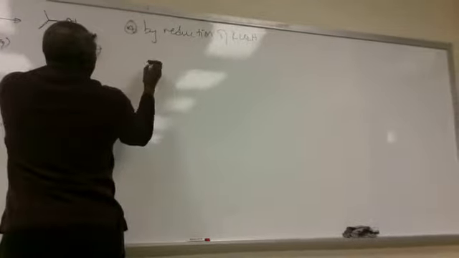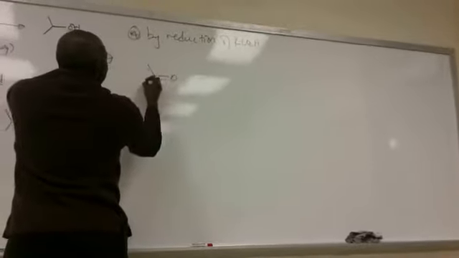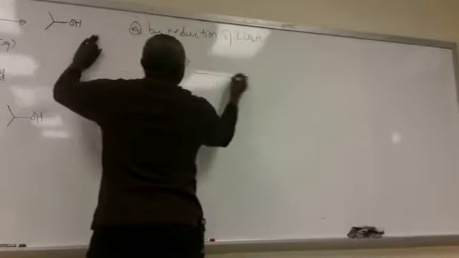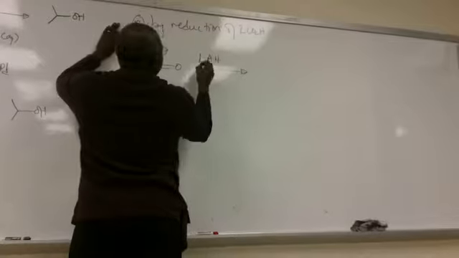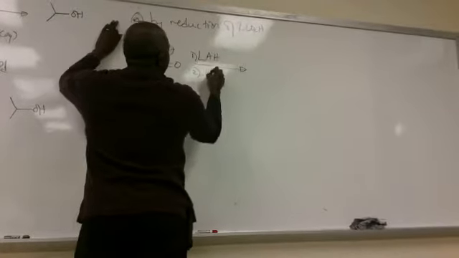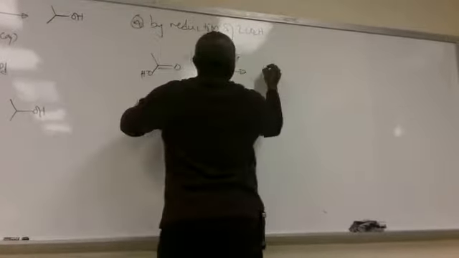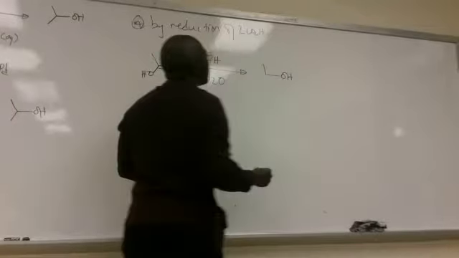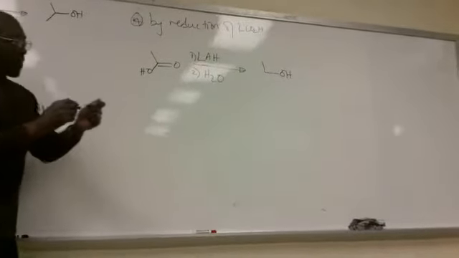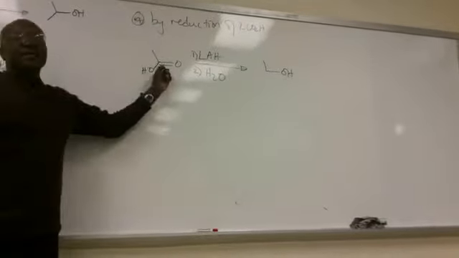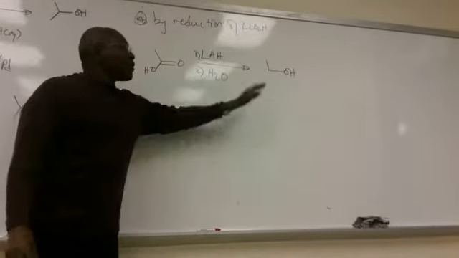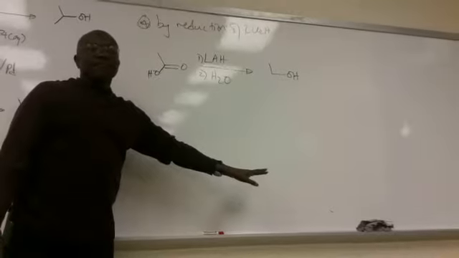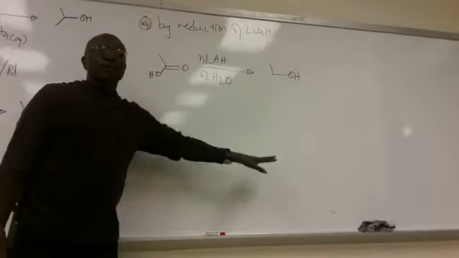So if I take acetic acid and I treat that with LAH followed by water, what I generate is the corresponding alcohol. So I can reduce a carboxylic acid through the aldehyde all the way down to the primary alcohol.